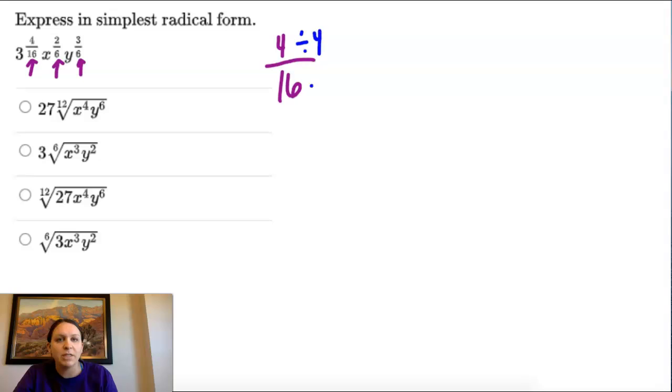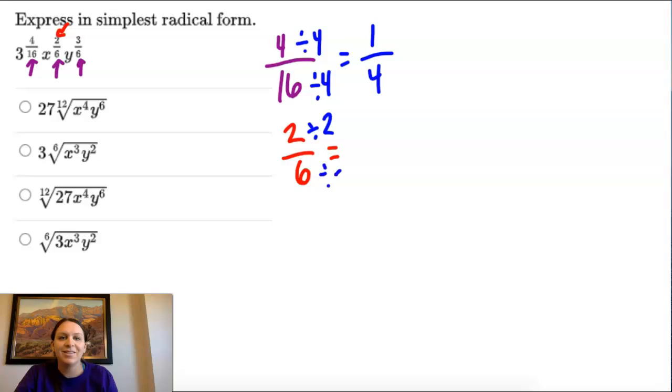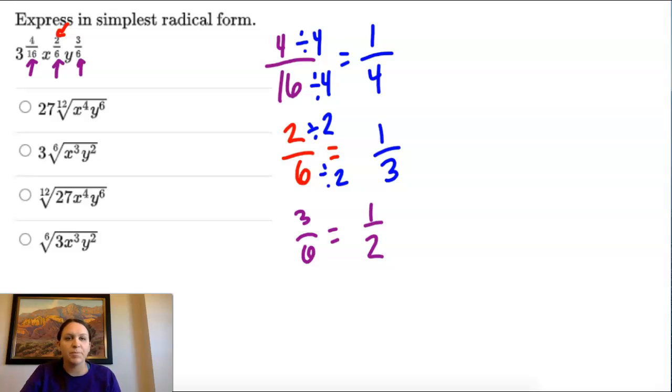So I'm going to reduce this. I'm going to divide these both by 4 and get 1 over 4. And I also have 2/6, which can also be reduced to 1/3. And then I also have 3/6, that can be reduced to 1/2. We just did that one on our last problem.